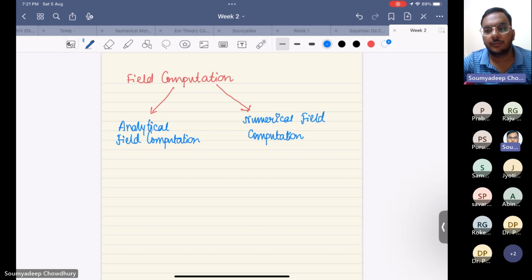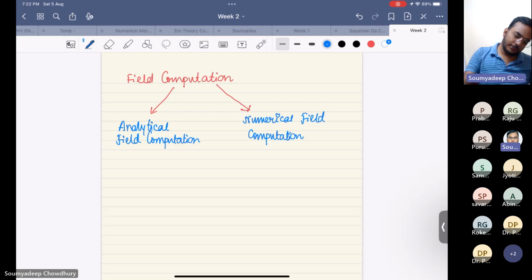Yeah, analytical field computation is some empirical formula or mathematical equation. Numerical field computation is software. Correct. So numerical field computation need not necessarily be software. We can develop our independent codes or programs for that.